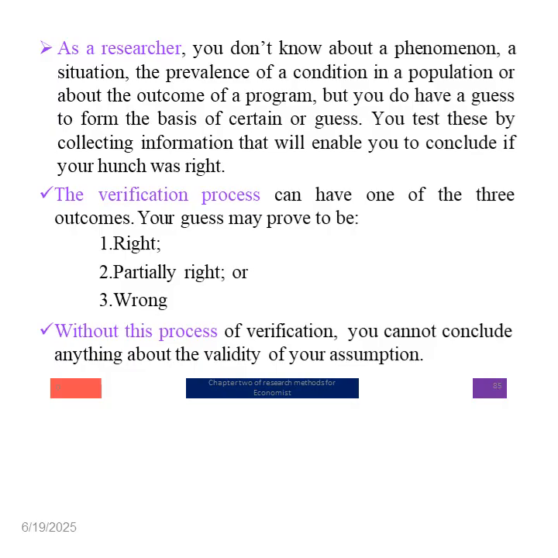The verification process can have one of three outcomes. Your guess may prove to be right or partially right or wrong. Without this process of verification, you cannot conclude anything about the validity of your assumption. This is how a hypothesis helps.